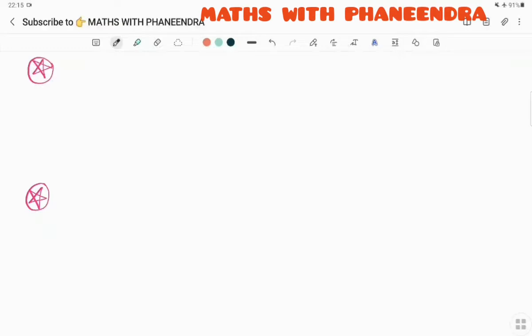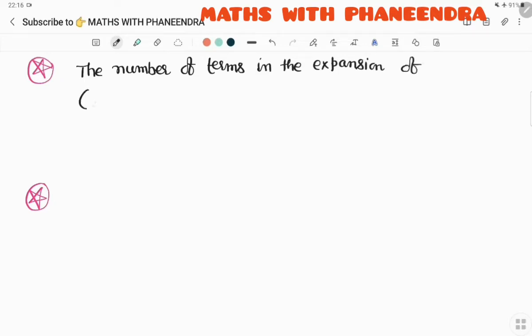Next, the number of terms in the expansion of (x1 plus x2 plus x3 and so on xk) whole power n is n plus k minus 1 C k minus 1.